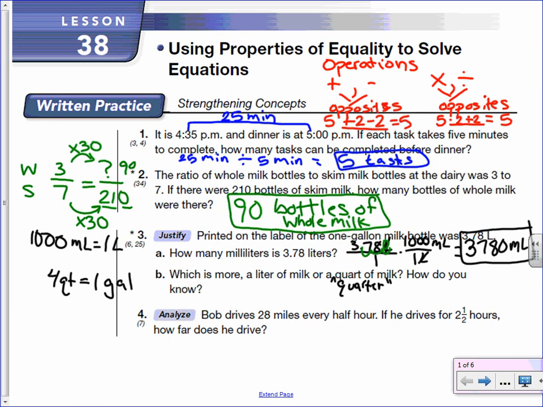And we also know that 3.78 liters equals 1 gallon. So it wants to know which one is more. Well, liters must be bigger than a quart because it doesn't take as many liters to make a gallon as it does quarts.